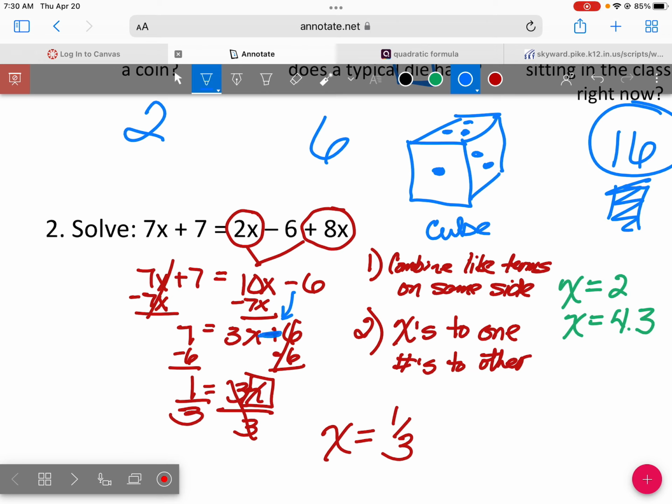There's the minus 6. So I need to add 6, so I get 13/3, which is 4.3. So you were right. 4 1/3 or 4.3. Raul is right. Sorry about that, guys. Guess I wasn't quite awake yet.